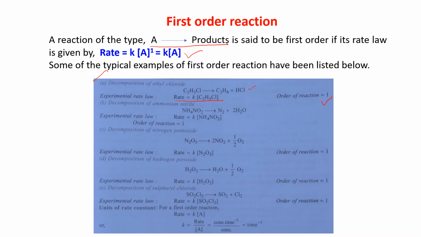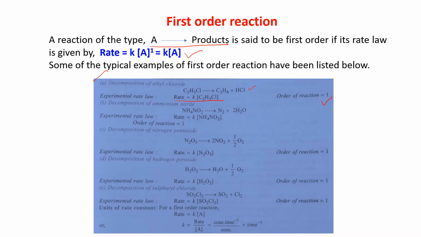Decomposition of ammonium nitrite. NH4NO2 gives N2 and 2H2O. The experimental rate law is given as rate is equal to K NH4NO2. So it is also an example of a first order reaction.